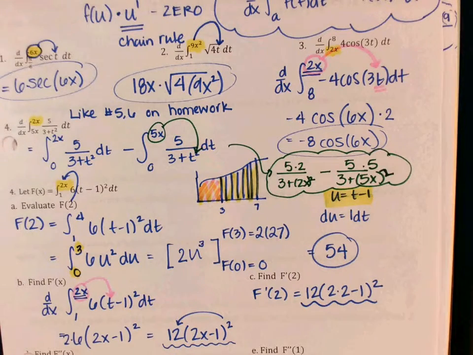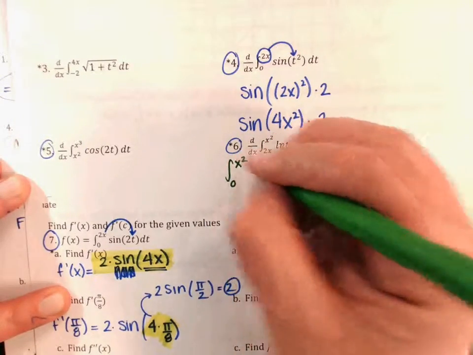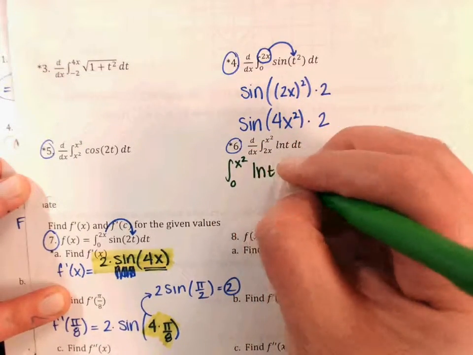So maybe let's do one of those off your homework. Let's do number 6. Okay, so split it up first. You want the integral from 2x to x squared, but that doesn't fit my property. So instead, I'm going to split that up to be 0 to x squared of ln t dt.